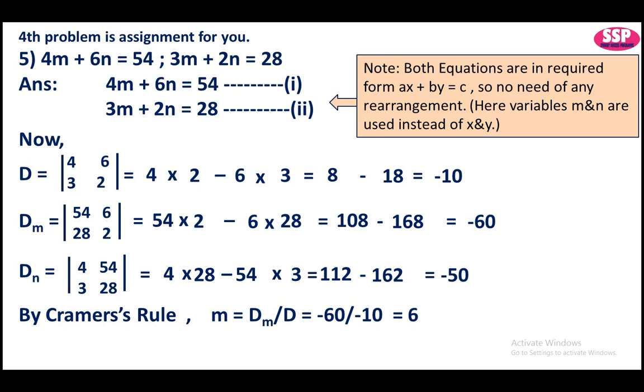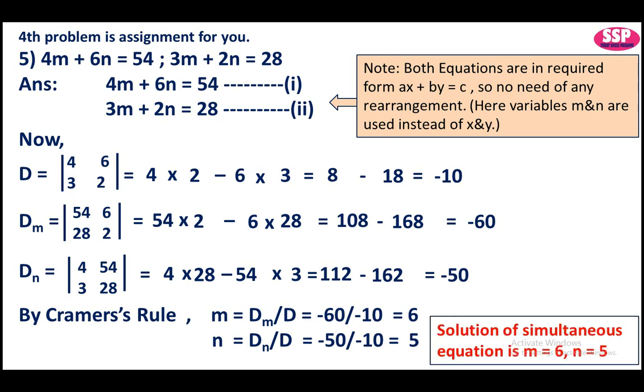By Cramer's rule, m is equal to dm upon d is equal to minus 60 upon minus 10 is equal to 6. N is equal to dn upon d is equal to minus 50 upon minus 10 is equal to 5. Therefore, solution of given simultaneous equation is m equal to 6 and n is equal to 5.